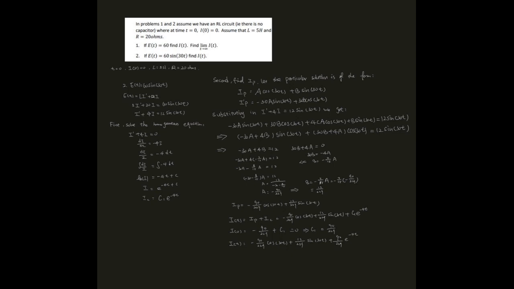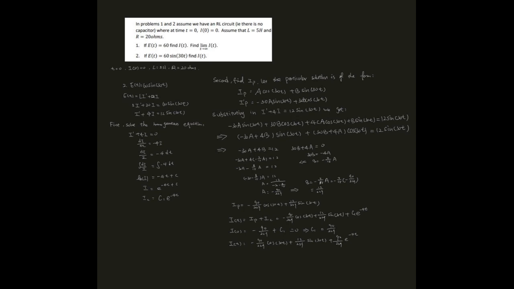And substituting in i prime plus 4i equals 12 sine 30t, we can get negative 30a sine 30t plus 30b cosine 30t plus 4a cosine 30t plus 4b sine 30t equals 12 sine 30t. And finding the common factors, we have (negative 30a plus 4b) times sine 30t plus (30b plus 4a) times cosine 30t equals 12 sine 30t.